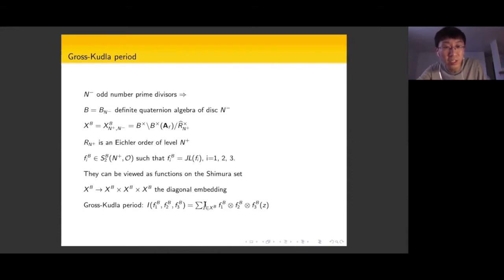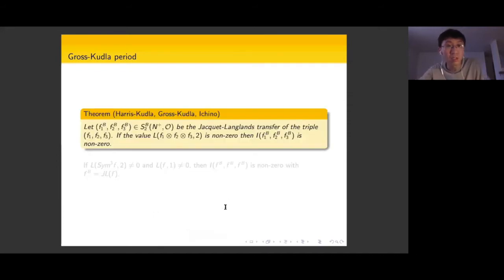In our case, I would define this as the Gross-Kudla period. It's simply a finite sum: you take the value of f_i^B restricted to the diagonal and sum it up.